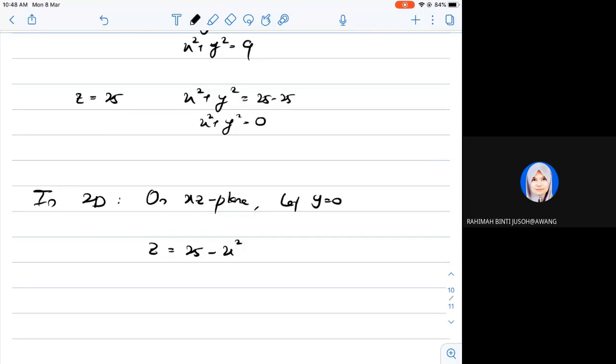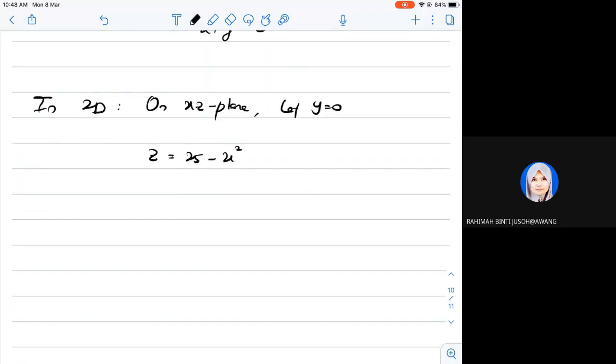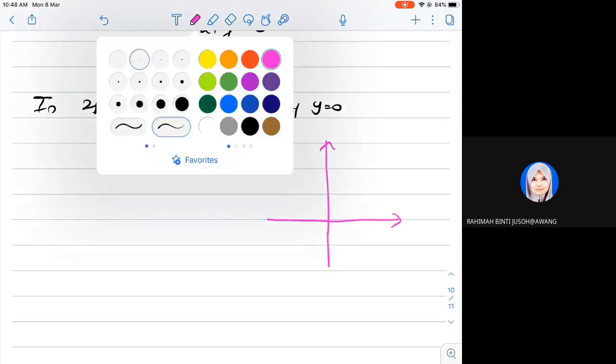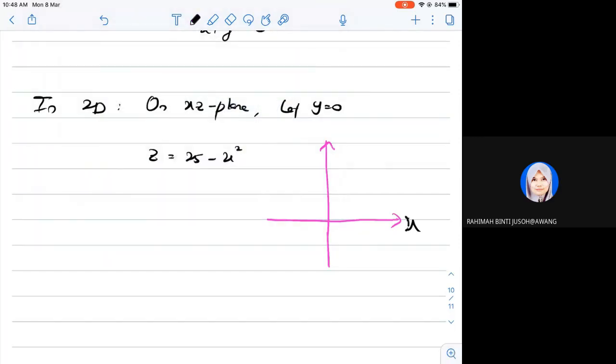Bila y equals to 0, jadilah macam ni kan? Okay, so now this should be a parabola. Paksi x dekat sini. Paksi z sentiasa menegak. Okay, so upward or downward? The parabola. Yes. Downward, yes, downward. Very good. It should be downward here. Okay, and the vertex should be 25 and the values here should be -5 and 5.